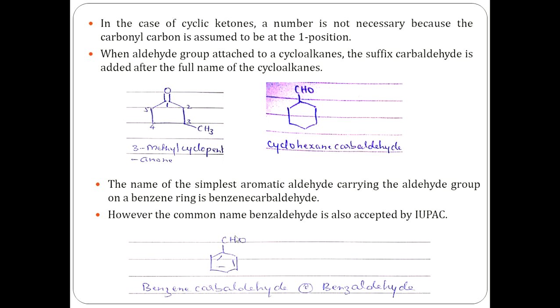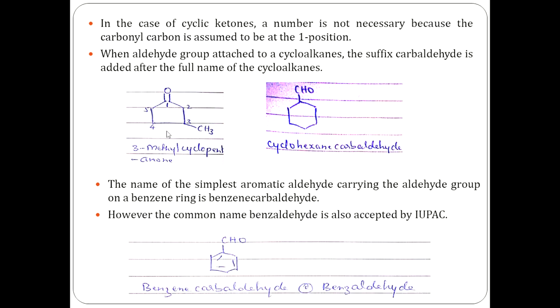In case of cyclic ketones, a number is not necessary because the carbonyl carbon is assumed to be at the 1 position. When an aldehyde group is attached to a cycloalkane, the suffix carbaldehyde is added after the full name of the cycloalkane.